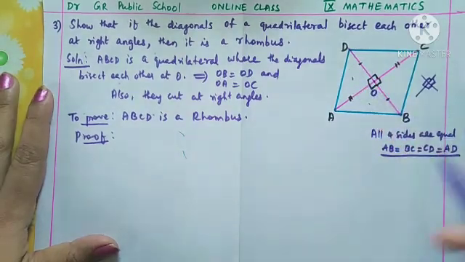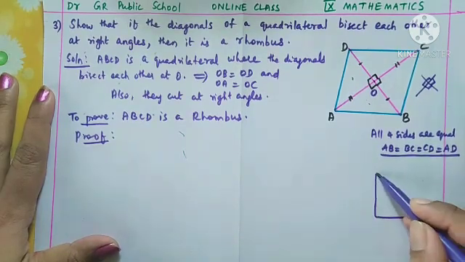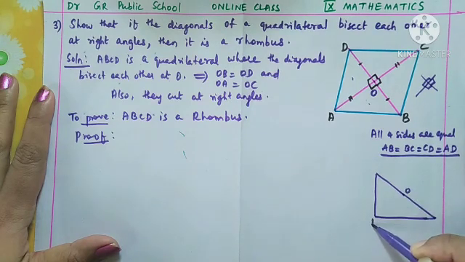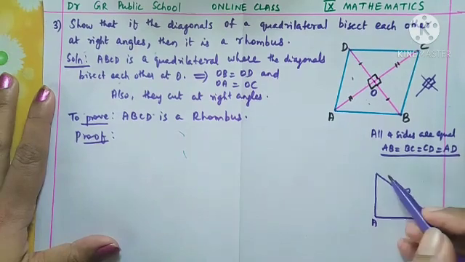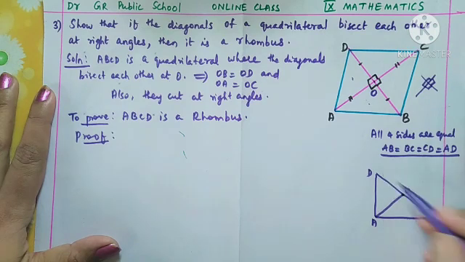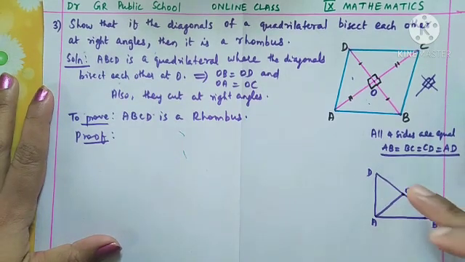Okay, so these two triangles I am going to consider. So I can draw that separately here to make you understand. This is the point O, this is A, B, and here D. So this is one part of the diagonal. So what triangles am I going to consider? AOB and AOD. These are the two triangles I am going to consider first, and my aim is to prove these two triangles are congruent.